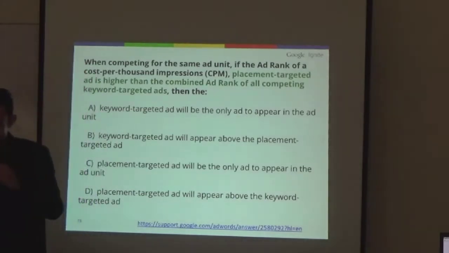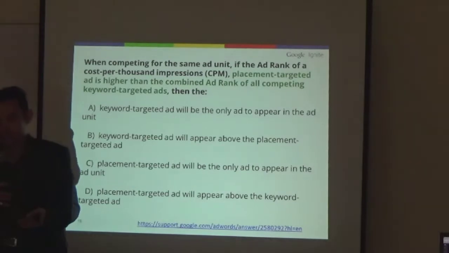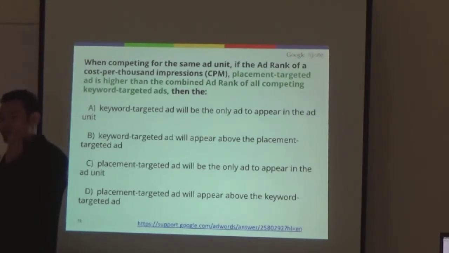Okay, why I put this in green? I found this question and I graphed it. It's a bit interesting. Let's see. When competing for the same ad unit, the ad rank of the cost per 1,000 impression placement targeted ad is higher than the combined ad rank of all competing keyword targeted ads.